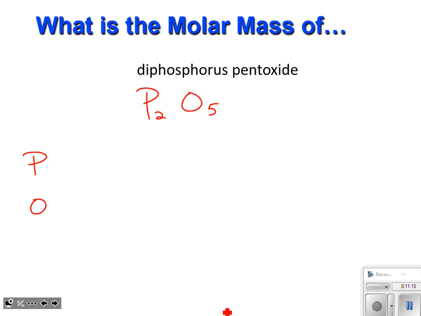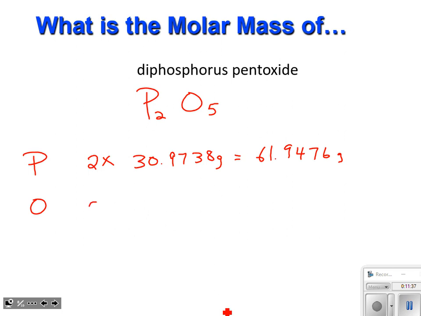I have 2 phosphorus. Each phosphorus has a mass of 30.9738 grams. So my total mass from phosphorus is going to be 61.9476 grams.